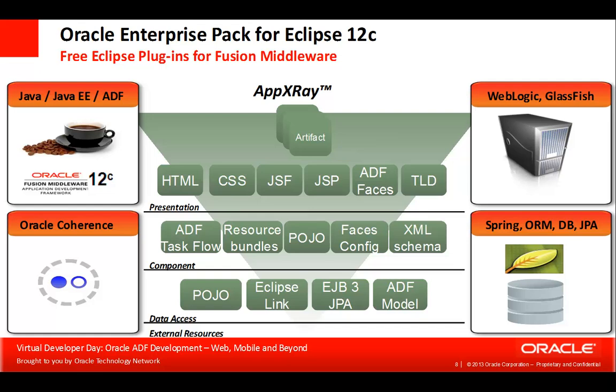Even going through the standard tiers, we can see that we can interrogate just plain Java objects, EclipseLink objects, EJBs, the ADF model. Moving up through the presentation tier, we can see all the different components that are necessary for things like ADF Task Flows, and again, tying in and combining configuration files and resource bundles.